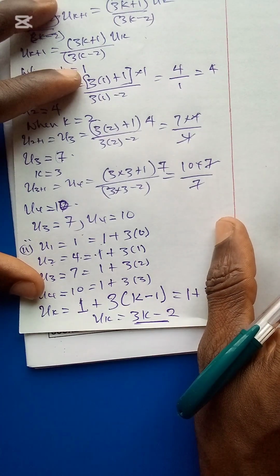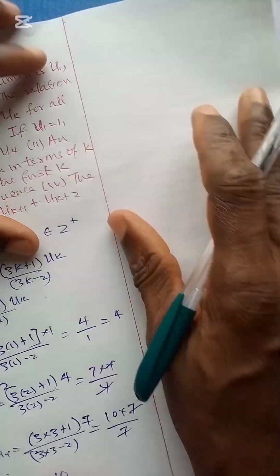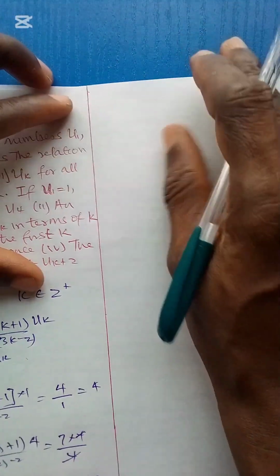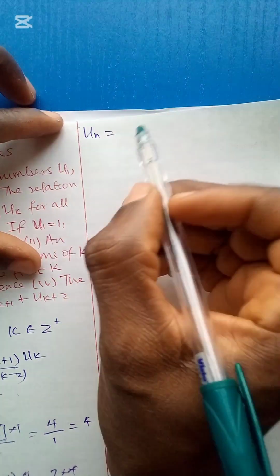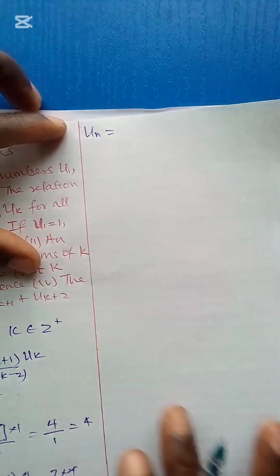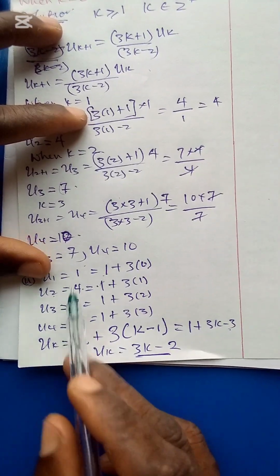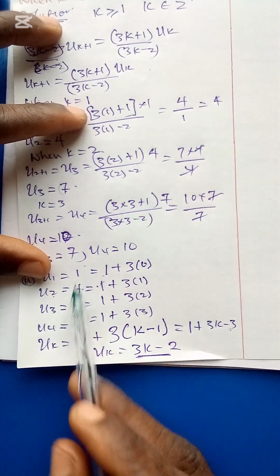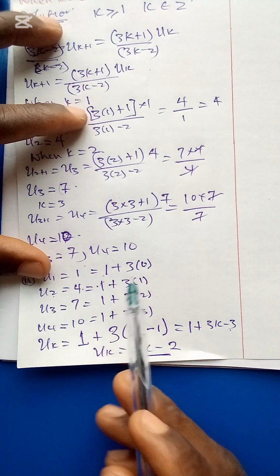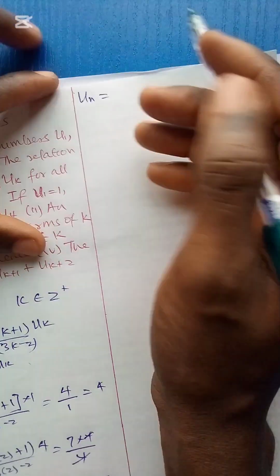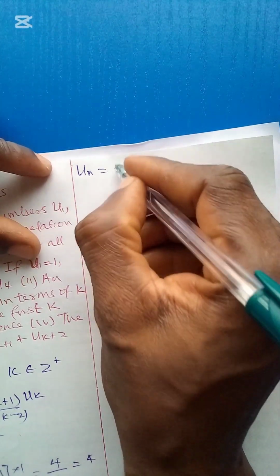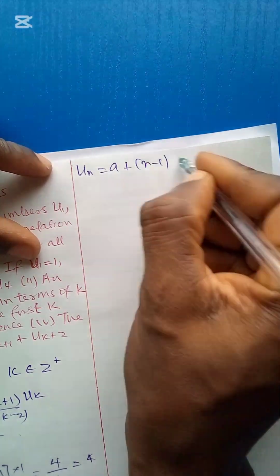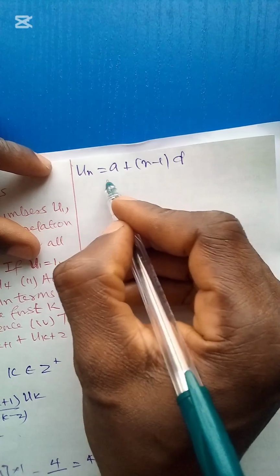There's another way I can do this. Let us remember that the nth term of a sequence is Un, particularly arithmetic progression. Since this is an arithmetic progression, how do we know that? We have common difference and not common ratio. Now, so the nth term of an arithmetic progression is Un is equal to a plus n minus 1 d, where a is the first term.